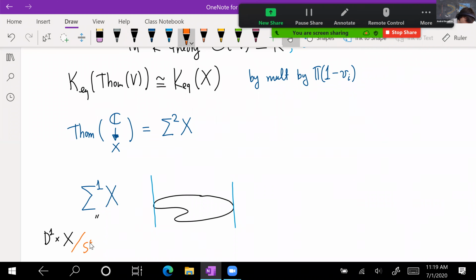So this is going to be S naught cross X. And then if we want something with a marked point, we will also have to collapse the fiber over the marked point. So maybe a different color.